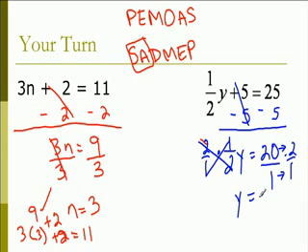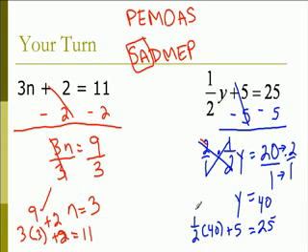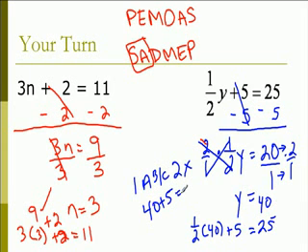So 20 times 2 is 40. So y equals 40. You would do 1/2 times 40 plus 5 equals 25. On your calculator, remember, you would do 1 a b/c 2 times 40 plus 5 equals. 1/2 of 40 is 20, so 20 plus 5 is 25, so that is correct.